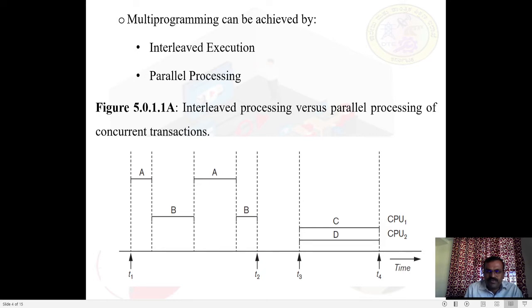If the computer system has multiple hardware processors called CPUs, parallel processing of multiple processes is possible. This is the example of processes C and D. The execution of processes C and D is the parallel processing.